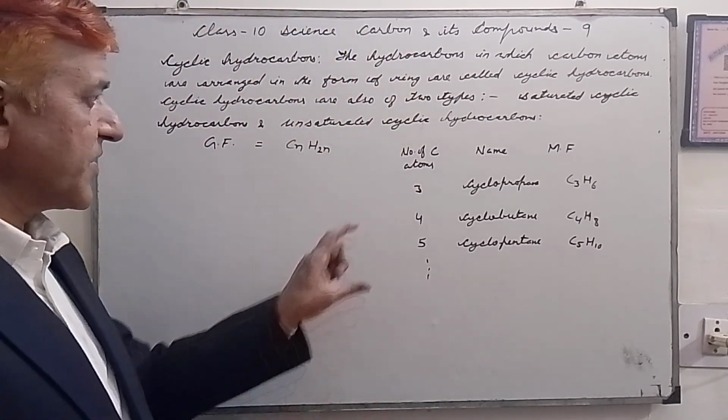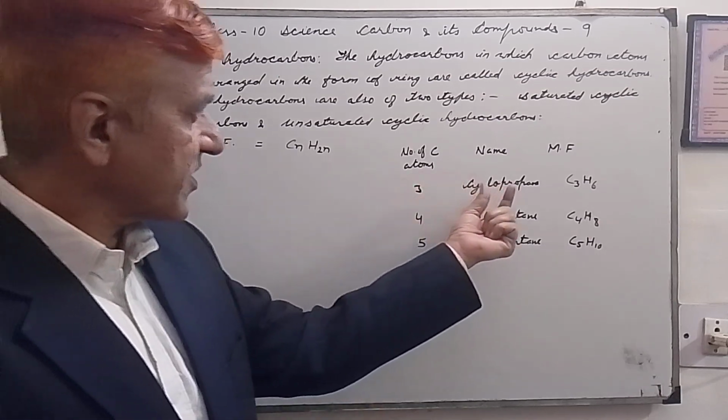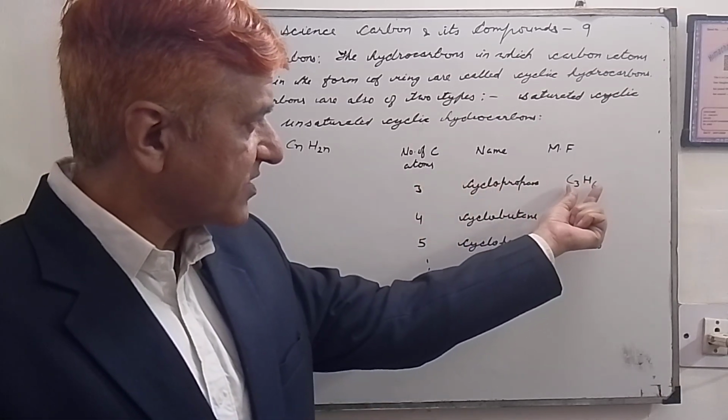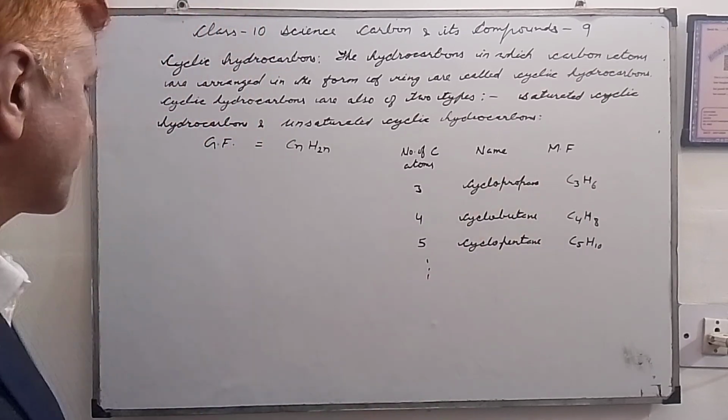Now we will learn to write structural formula and electron dot structure for cyclopropane.